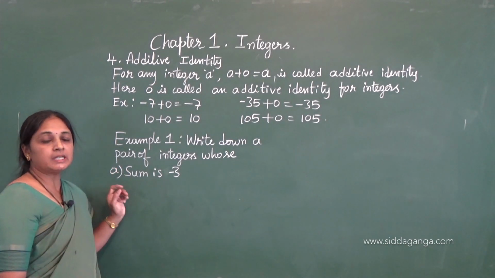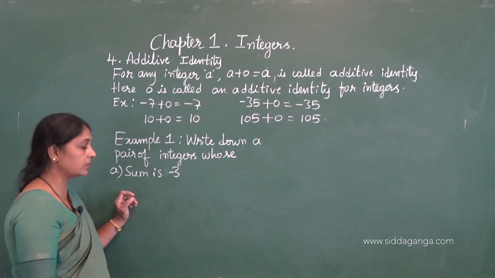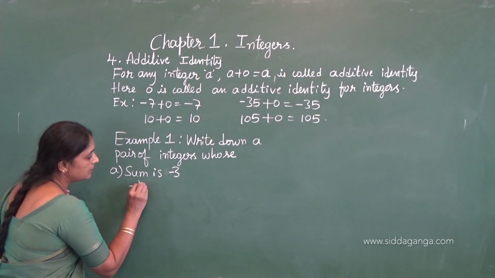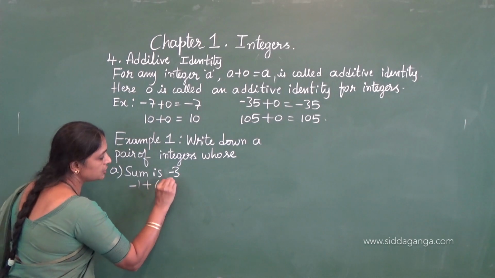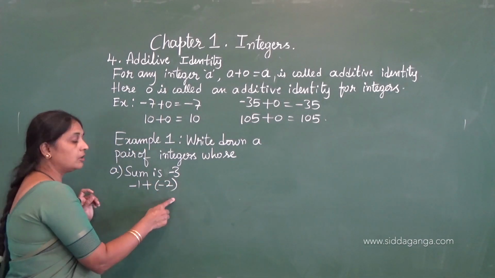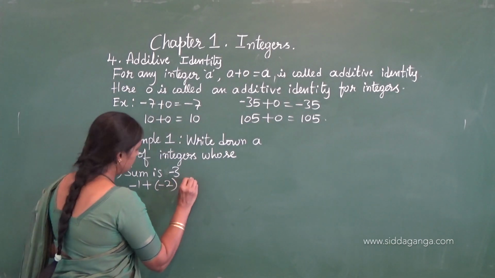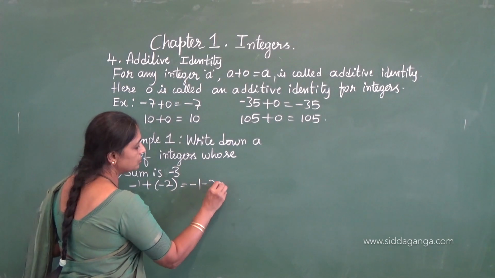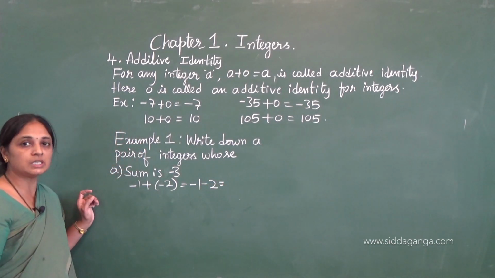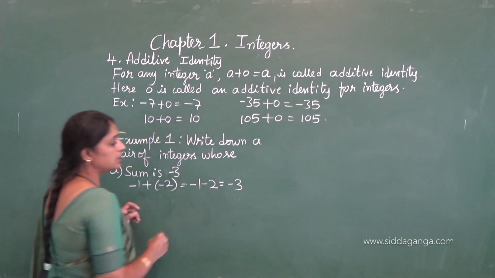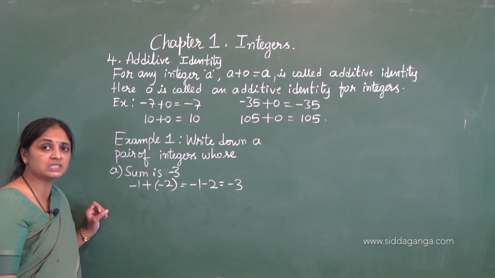What are the possibilities here? If I consider minus 1 plus minus 2, what do I get? Plus into minus is minus, so that is minus 1 and minus 2. It makes minus 3.